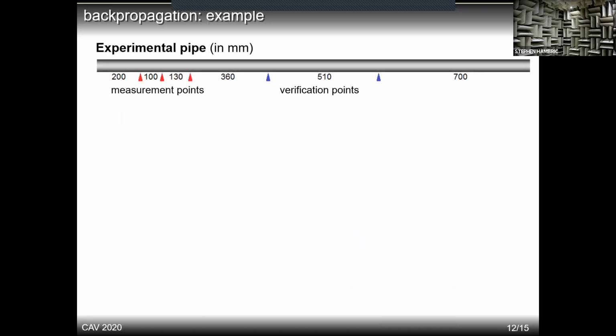Here we have an experimental pipe with 3 measurement points marked in red and 2 verification points in blue. The fluid in the pipe, driven by a gear pump, exhibits pressure ripples around the static value of head pressure.